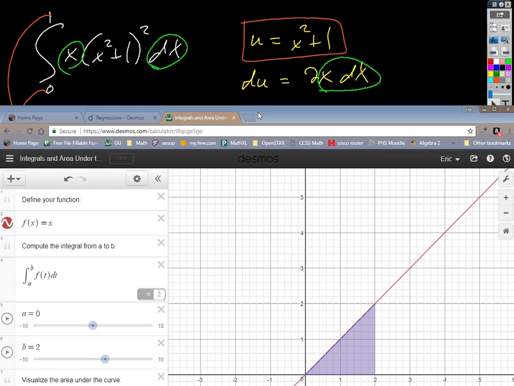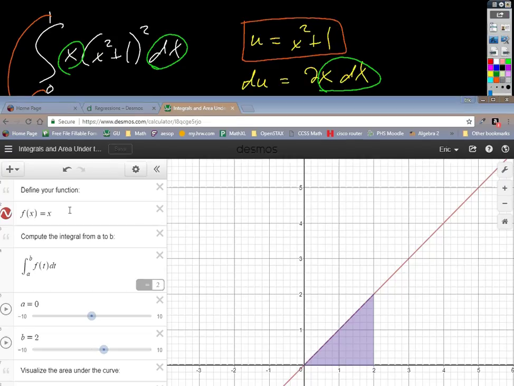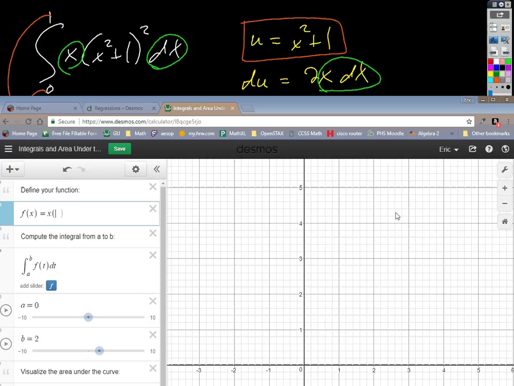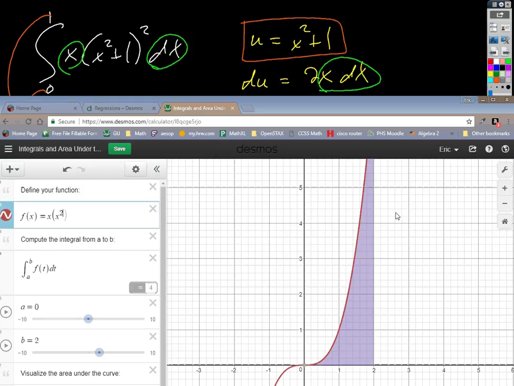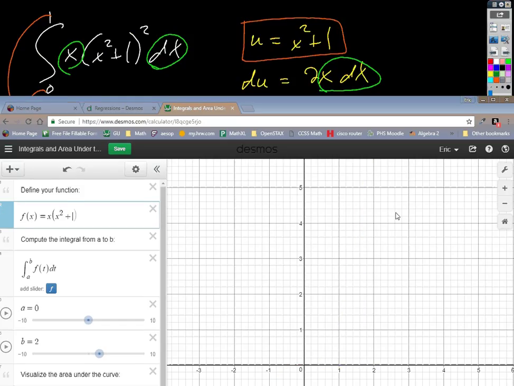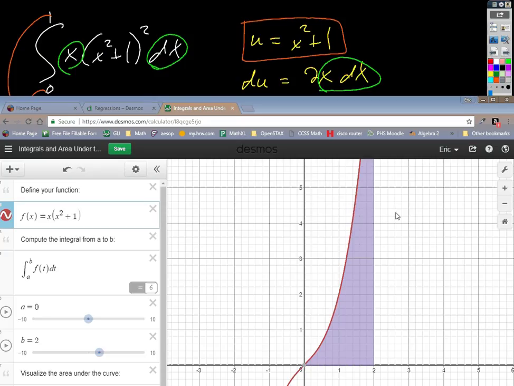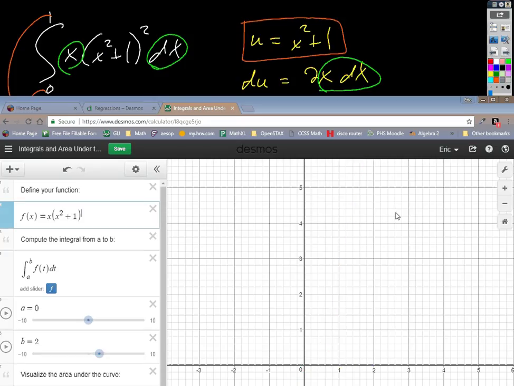So I've got this little setup here where I can put in a function and it'll calculate the area under the curve, but it'll represent the area graphically. So we got x times the quantity x squared plus 1 quantity squared.